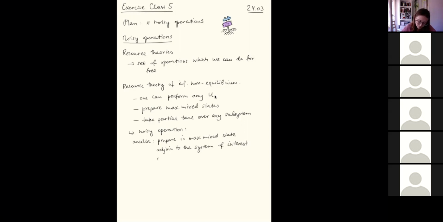Then it is coupled to it unitarily, so we perform a joint unitary on the system and the ancilla.